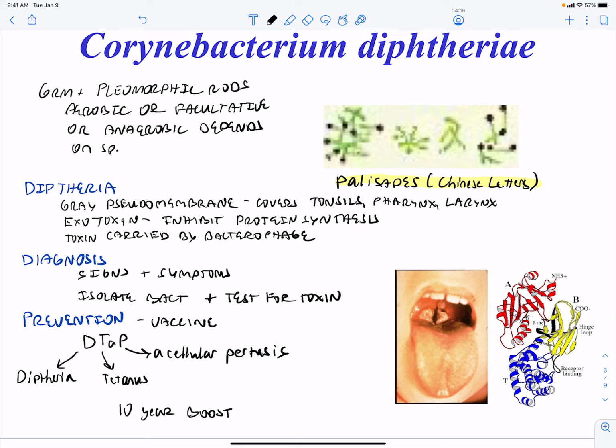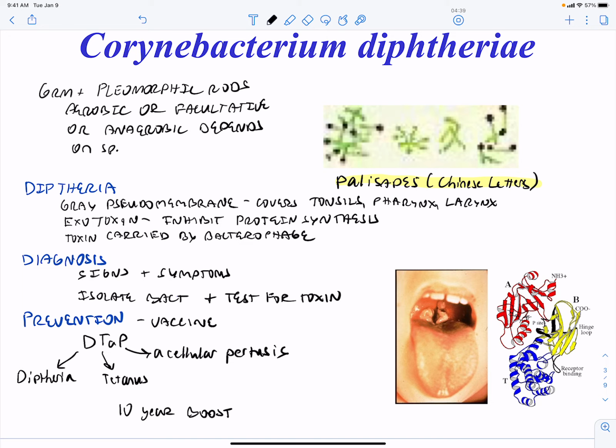Now, even though we don't have very many diphtheria cases in the United States, it still is going to be a cause of some epidemics and endemics worldwide. India, for example, has approximately 3,000 cases a year. So it still is important to continue immunization.